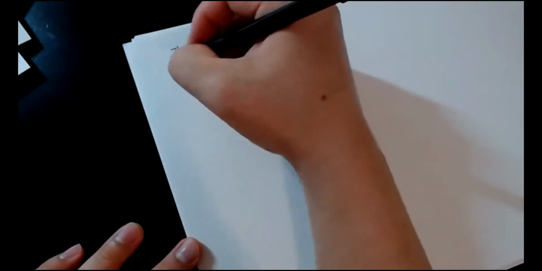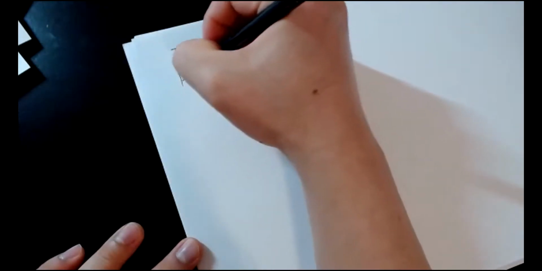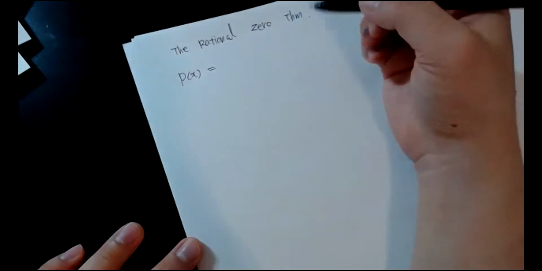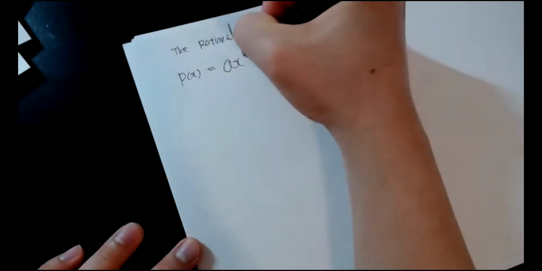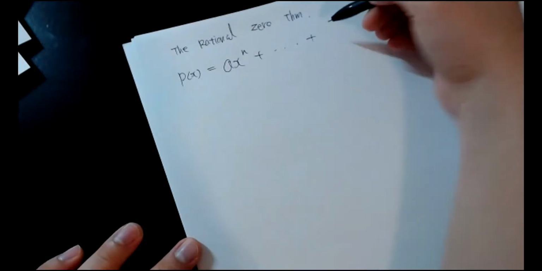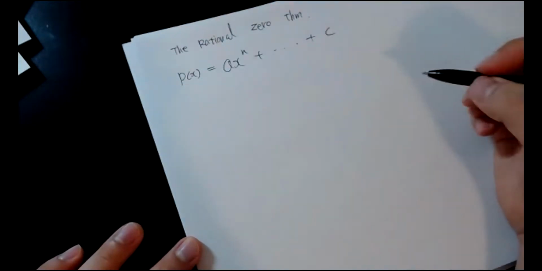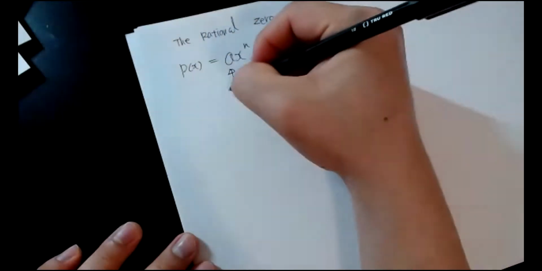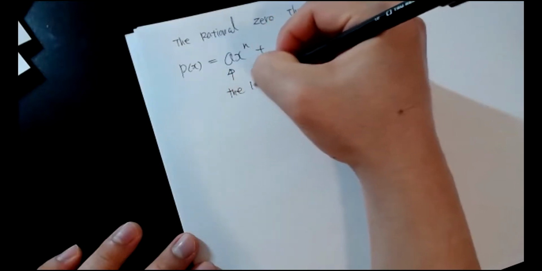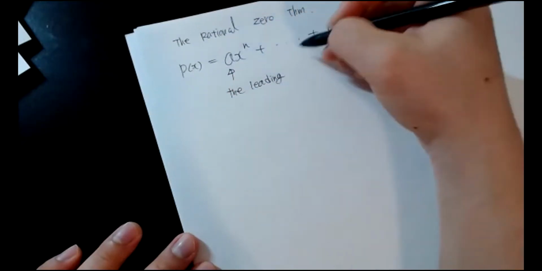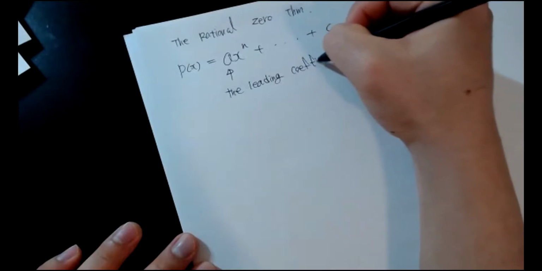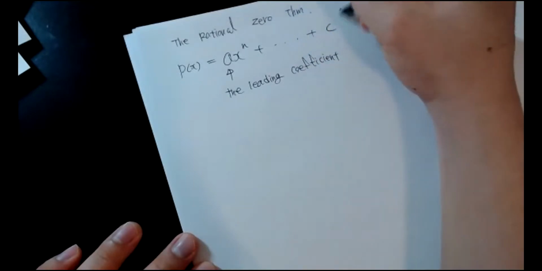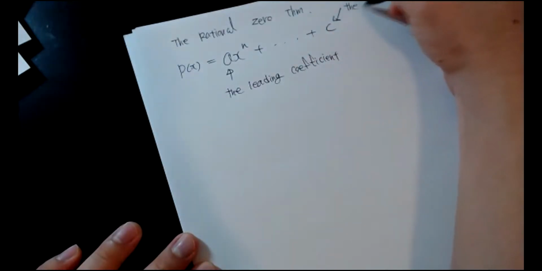Let's say p of x, a polynomial function, is given: a x to the nth power plus through the constant term c. So a is the leading coefficient, and c is the constant.